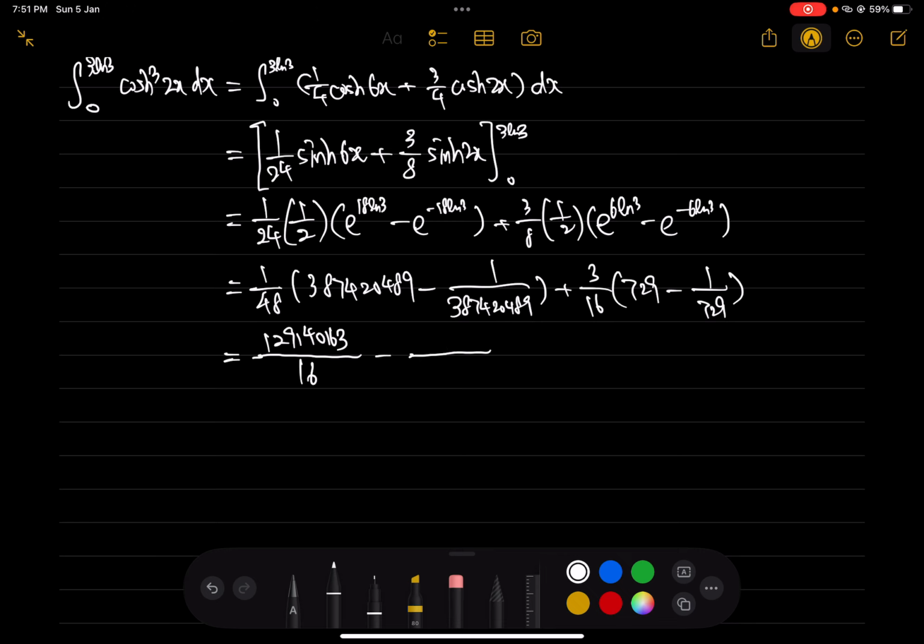Minus that's too big of a number. And this is also way too big of a number, so now we have this minus that, and now I'll use the calculator.